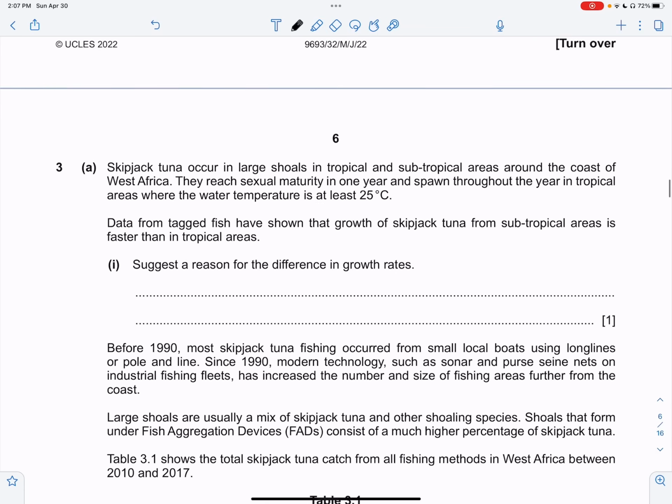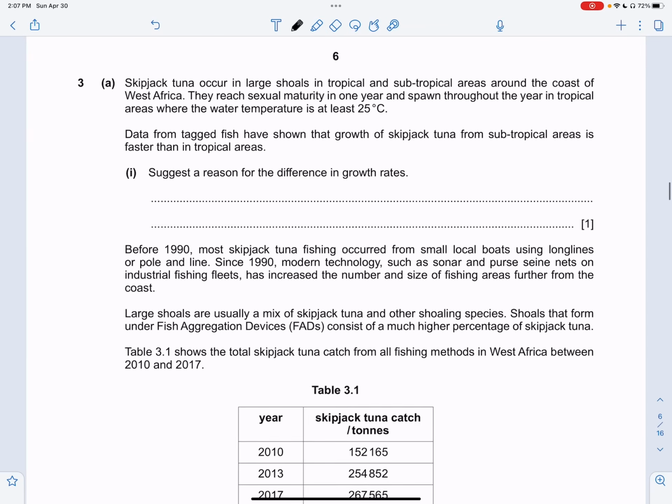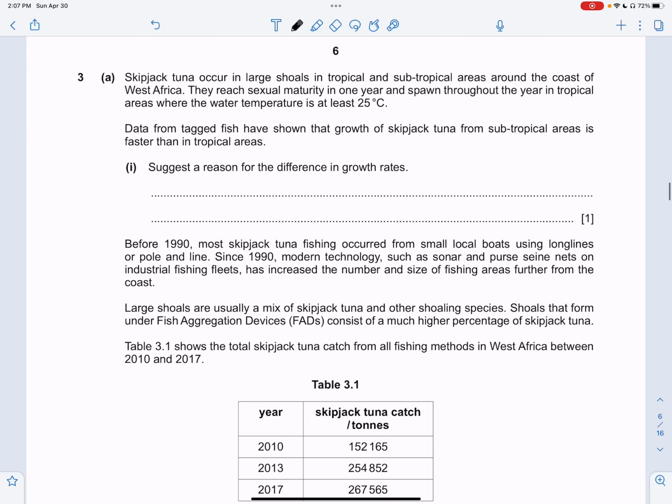Okay, the next one we're going to be looking at some sustainable fishing questions. There's actually a lot of information within just these couple of passages. Skipjack tuna occur in large shoals, so those are like schools of fish, but it's when they're swimming for a social purpose.